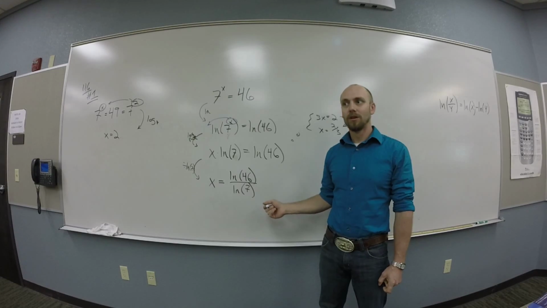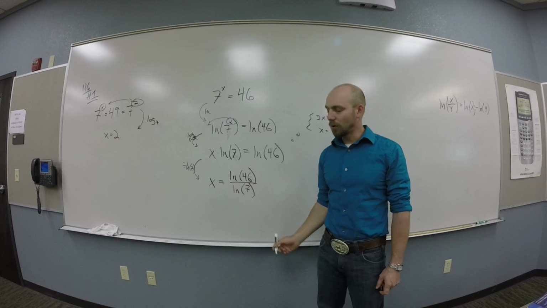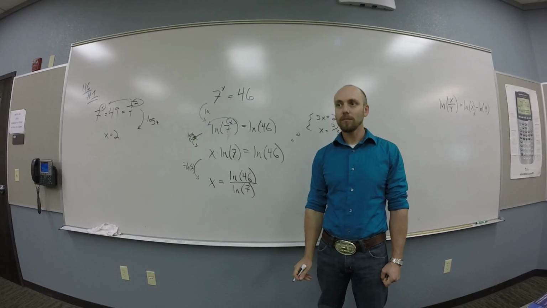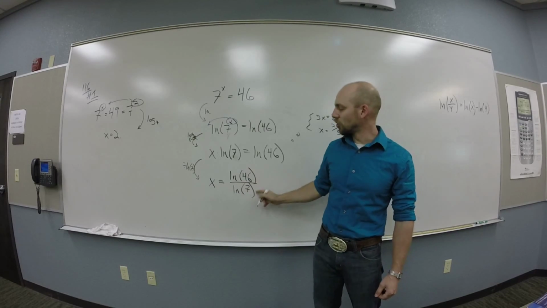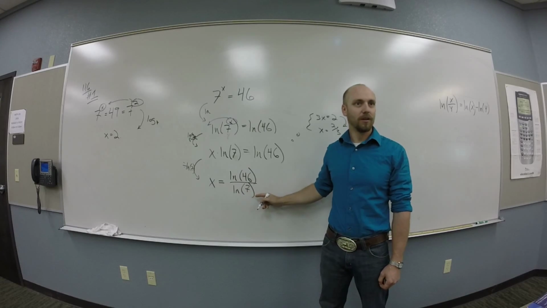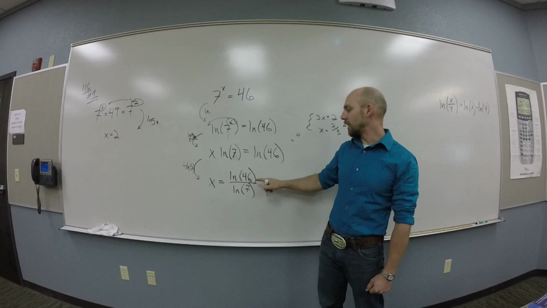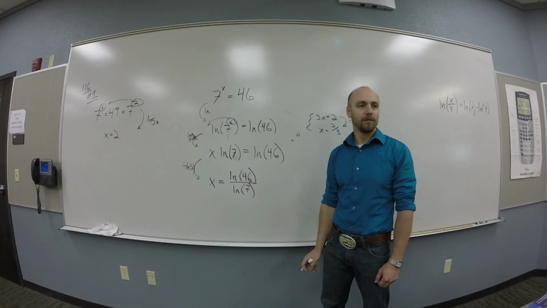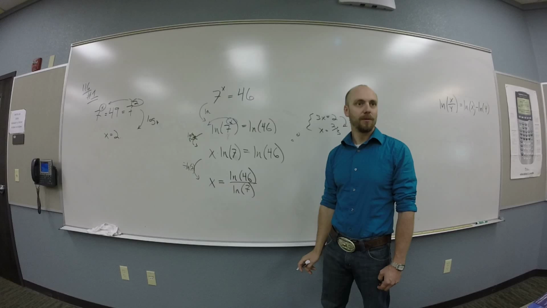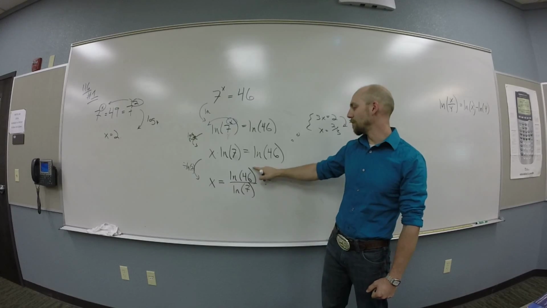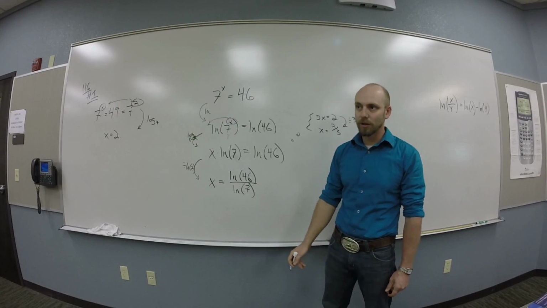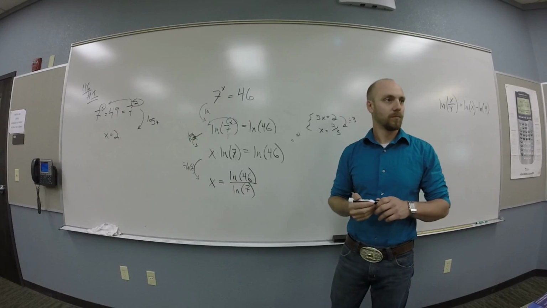Cool? So if I wanted a number for this, where would I get a number? Just put it in your calculator. Yeah, as it stands, this is already kind of a number, right? If I wanted an approximation, though, I could just cram this in a calculator. Don't forget to close that first paren. You guys see what I mean? If you cram this in a TI-83, make sure you close that parenthesis before you hit the divide button. Cool?